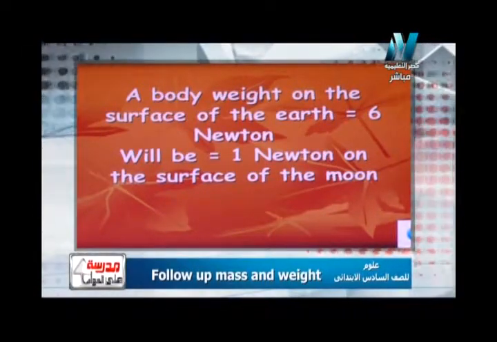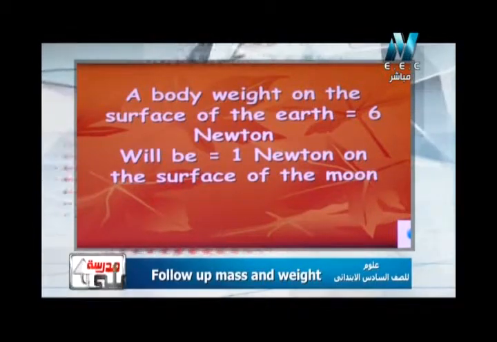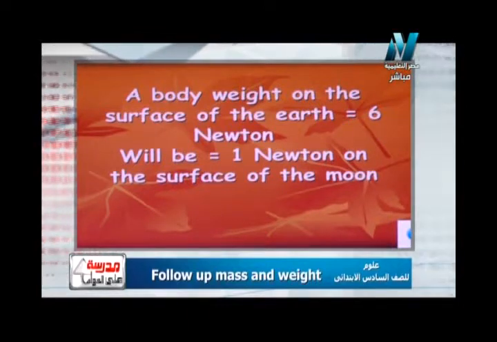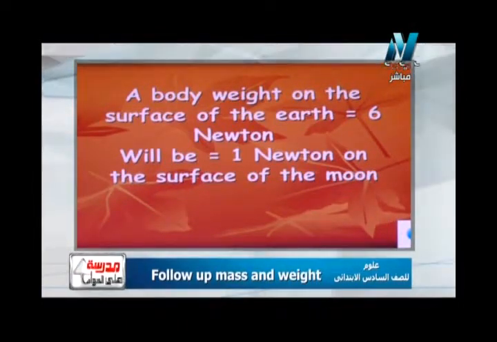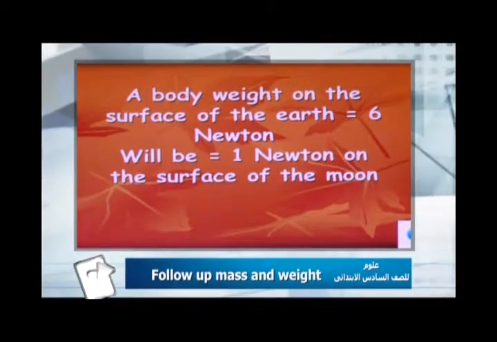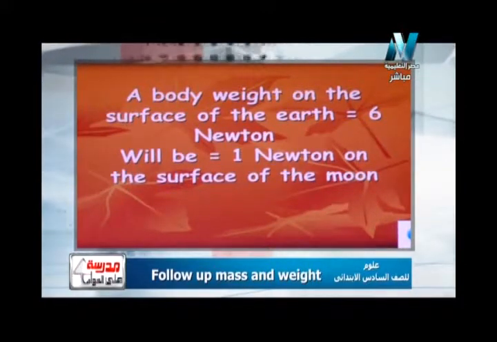Why? Because the weight changes from place to place. So what about its mass؟ طب ولو اتكلمنا عن الماس عند الأرض for example 60 kilogram، surely it will be 60 kilogram on the moon. الماس ما بتتغيرش. It doesn't change from place to place. ما بتتغيرش من مكان لمكان.